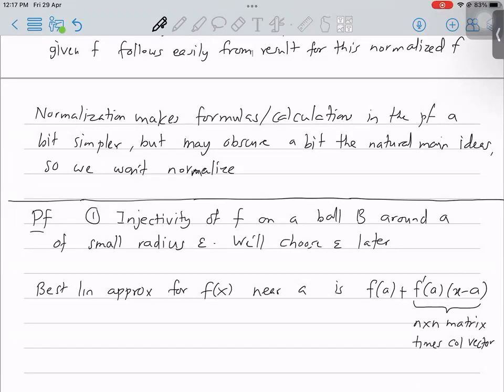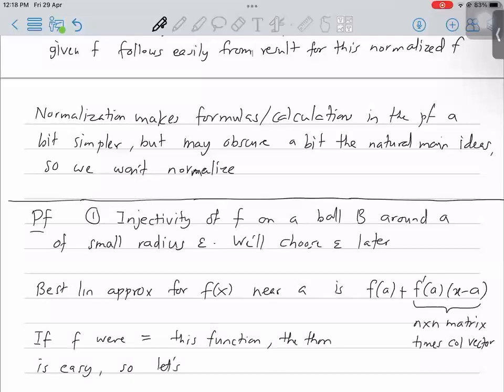So let me write this. If f were equal to this function, the theorem is easy.